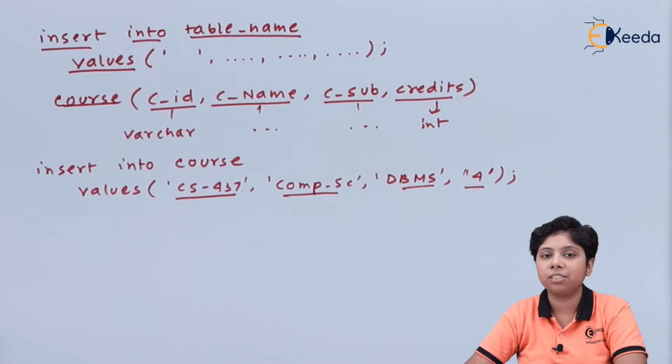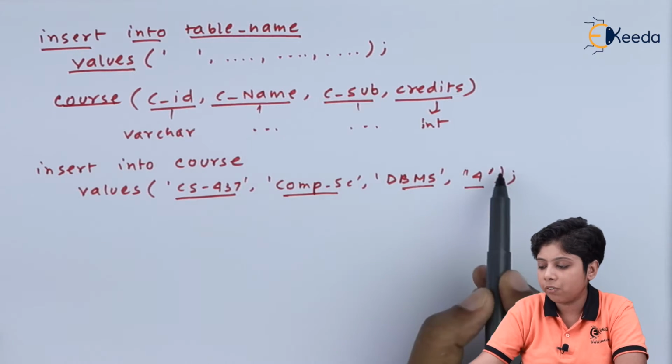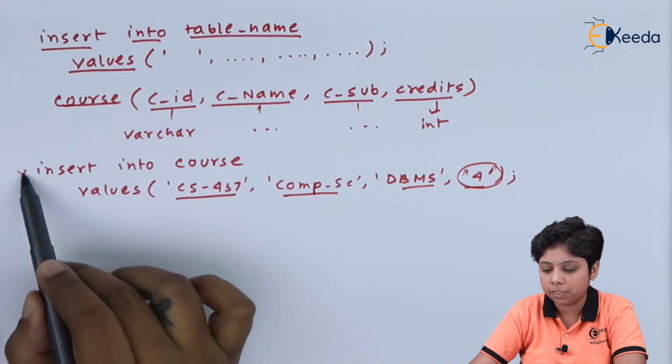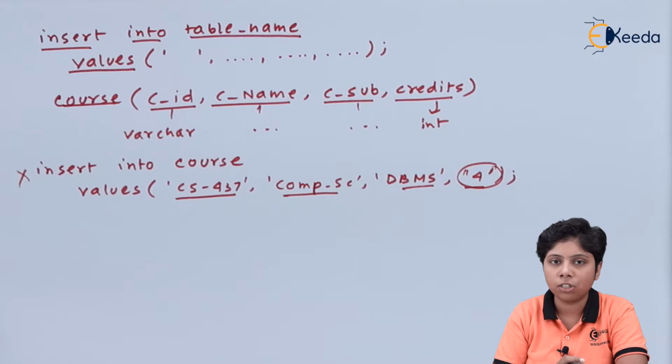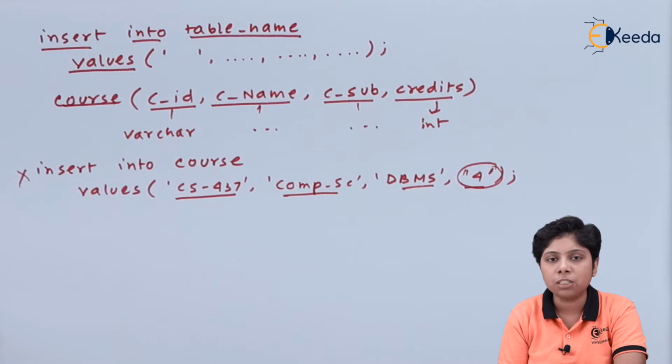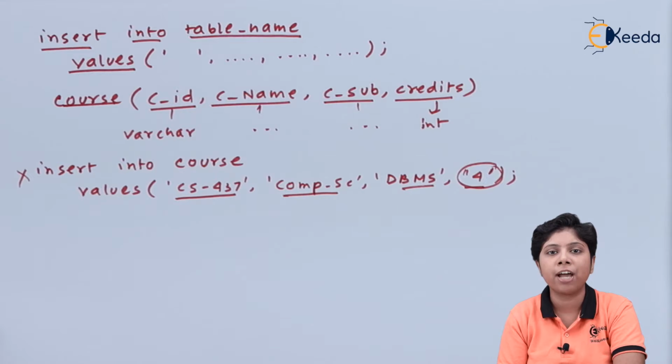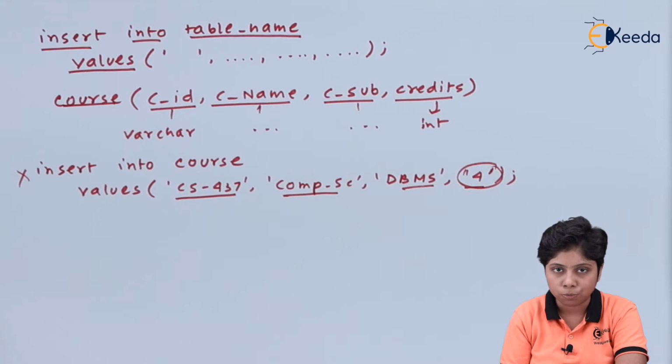So that will be considered as a character, not an integer. So it will create an error and the database will not accept the insertion statement. So we need to put it in the right order and with the matching data type of the attribute. And if some constraints are specified, then we need to satisfy the constraints too.